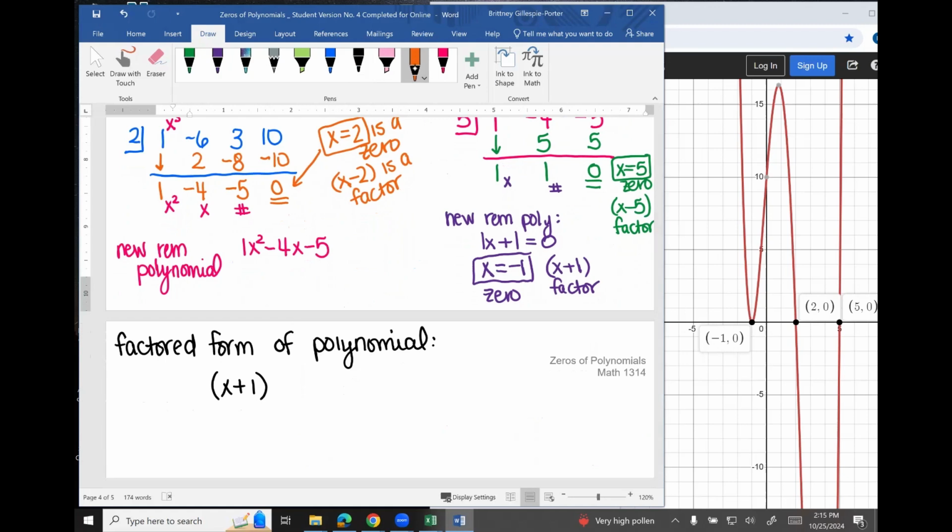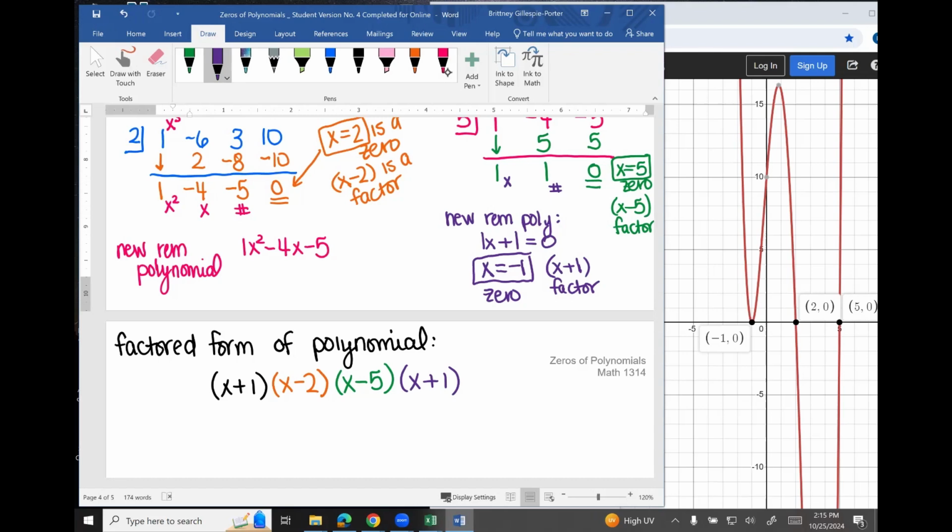And then we found x equal to 2, which gave us x minus 2 as a factor. And then we had x equal to 5, which gave us x minus 5 as a factor. And then finally, we found x plus 1 again.